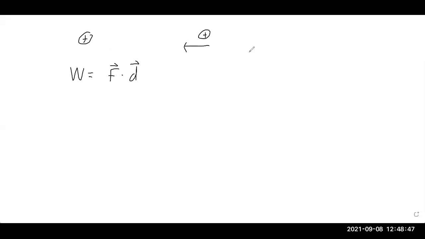But the force is equal to k, or 1 over 4 pi epsilon naught, times the product of the charges divided by the distance squared. So as it gets closer, the force gets bigger and bigger.